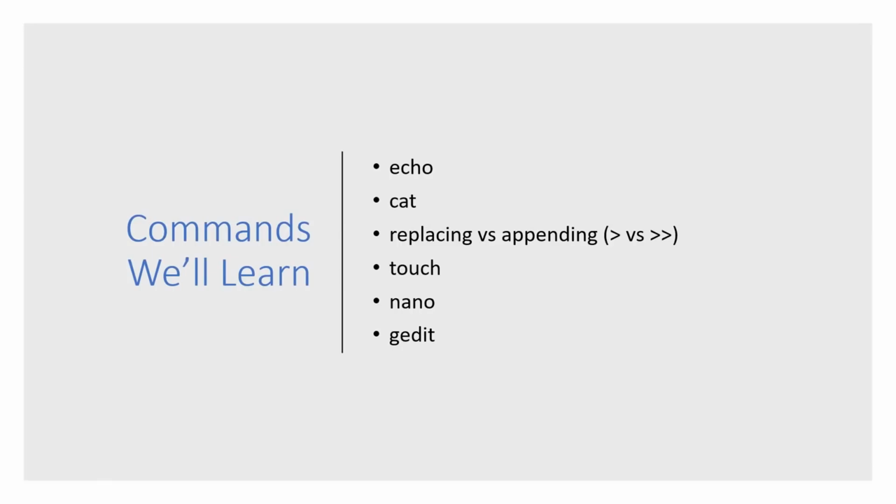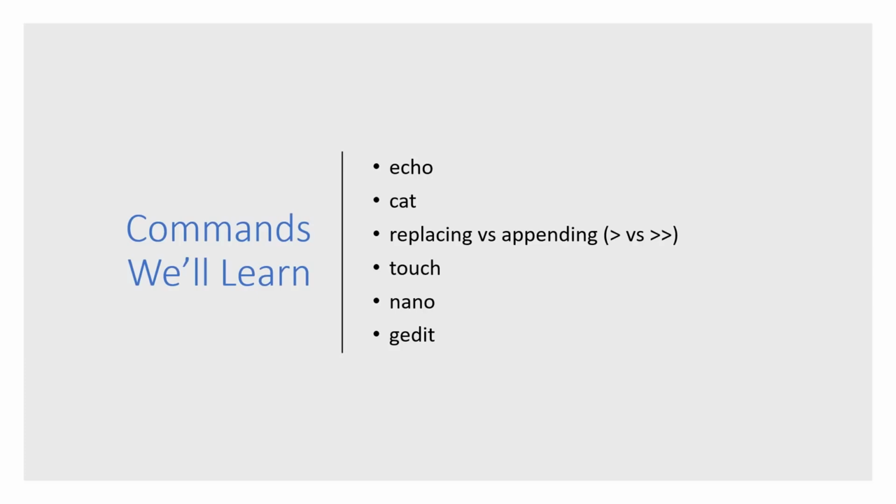So let's go ahead and take a look at some of the commands that we're going to be learning. We're going to learn the echo command, which echoes what we write right back out to the terminal. We're going to look at the cat command, which is going to print out a document for us. It's similar to type in Windows. We'll talk about replacing versus appending and which function does which and how to do it.